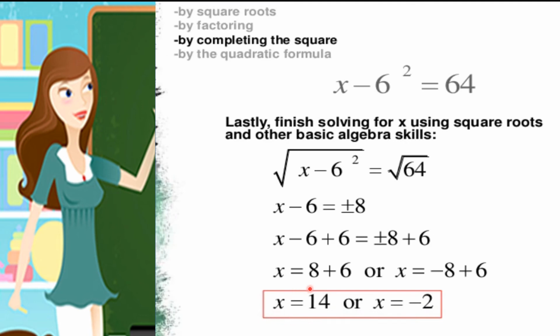Magkakaroon tayo ng value. So, x is equal to 8 plus 6 is 14 at x is equal to negative 8 plus 6 is equal to negative 2. So, ito yung sinasabi ko sa inyo kanina. Same din siya sa factoring. Kaya lang ang ginamit nating method ngayon ay completing the square.